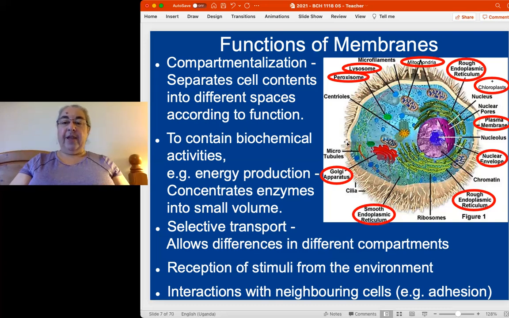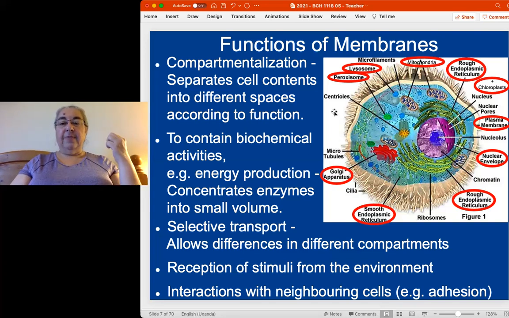If we think of the outside of the cell, the plasma membrane or cell membrane, that is important in receiving stimuli from the environment. We've talked a little bit about signals being received by the cell when we've thought about something like apoptosis. We talked about hormone signals from outside the cell.